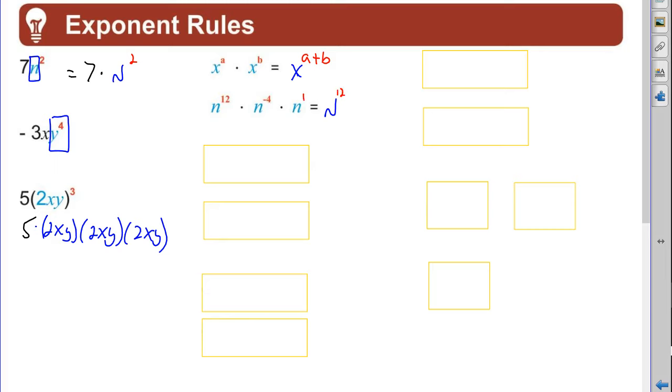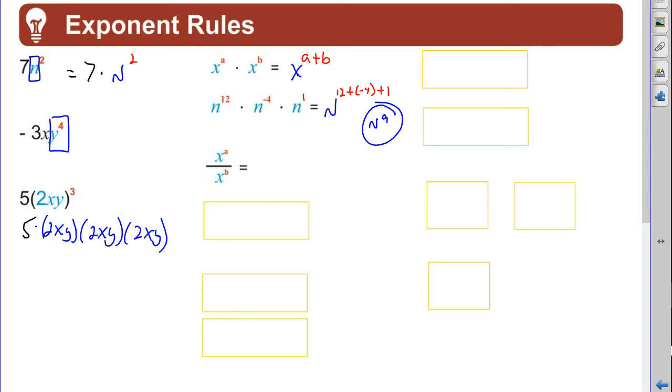So I have a 12 plus a negative 4. Don't forget the 1 plus a 1. N is n to the 1st. Okay, so what do we end up with here? We end up with n to the 9th, right? N to the 9th would be the final solution of that. 12 minus 4 is 8, and 1 more is 9.